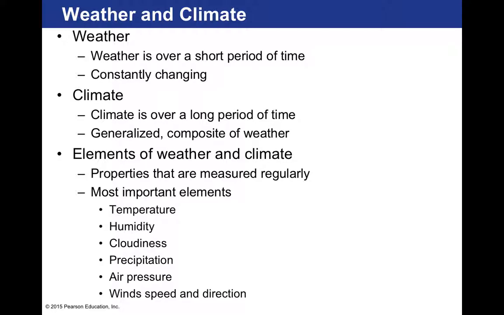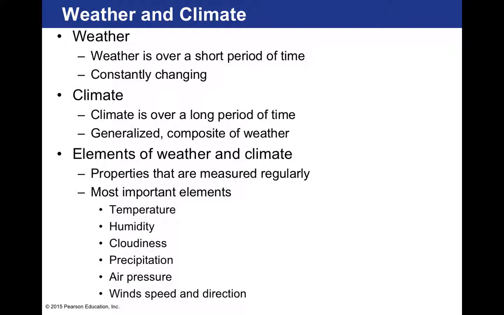Your climate, on the other hand, is over a long period of time, and this is more generalized for your particular area. So Scranton, Pennsylvania, as an example, it's actually in a subtropical climate. And what that means is it's not quite a tropical climate, but in the summer and spring months it can get rather warm and humid. And then it also means in the winter months, and specifically in Scranton, we're north of the Maryland-PA border, which is generally the area that they demark as a place where people tend to get more snow if you're above that line.